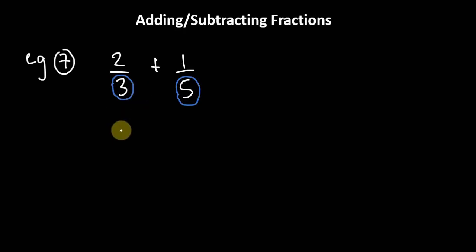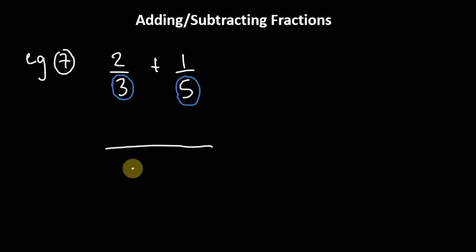Now, the first thing we do when we're using the LCM method is to draw a line segment underneath the two fractions, leaving a little space here because we're going to put some values on this line segment that we just drew. All right. Now, the LCM refers to the lowest common multiple. What that means is the lowest number that both 3 and 5 can go into without leaving a remainder.